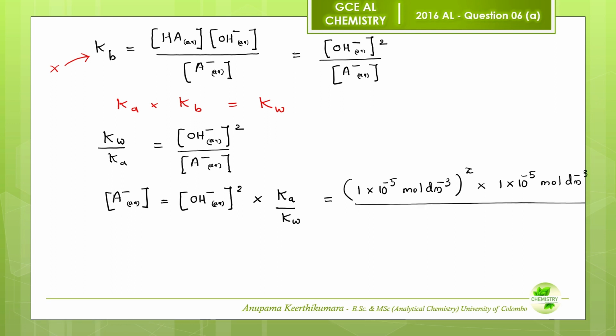Kw is 1 × 10^-14 mol squared dm^-6. The A minus concentration is 0.1 moles per cubic decimeter.